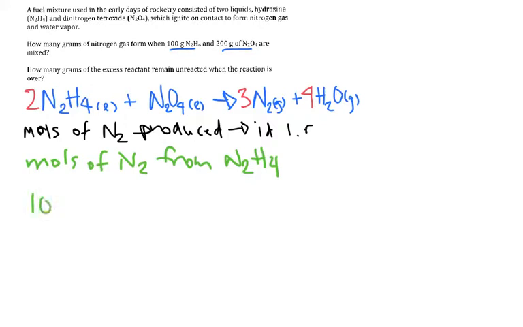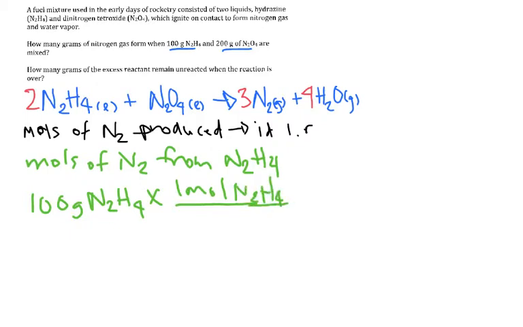We have 100 grams of hydrazine. We can find the moles of hydrazine using the molar mass. For every 1 mole of hydrazine, there are 32.05 grams. And then we can use the relationship of moles between hydrazine and N2.